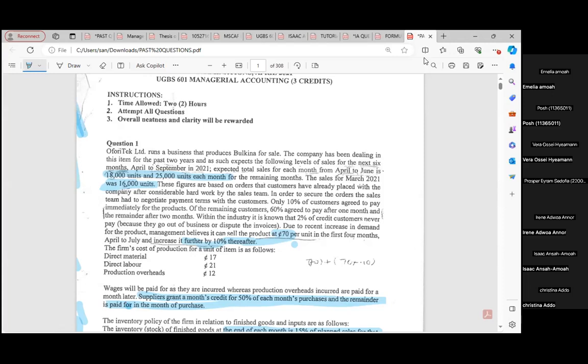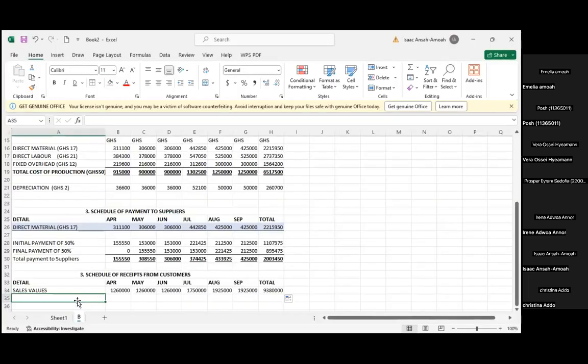This is a little disturbing, but let's try to understand the English. If I'm getting it wayward, then just bring me back. So they are saying that out of this sales values, 10% of them paid in cash.